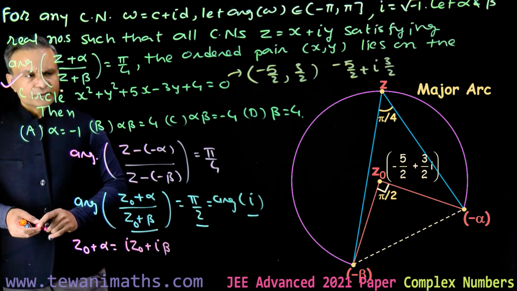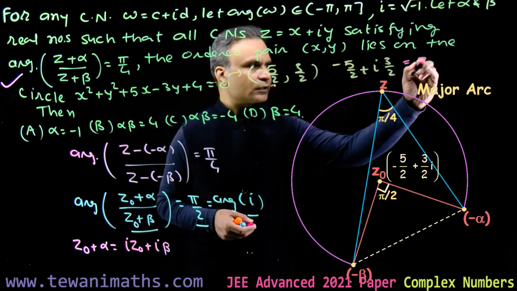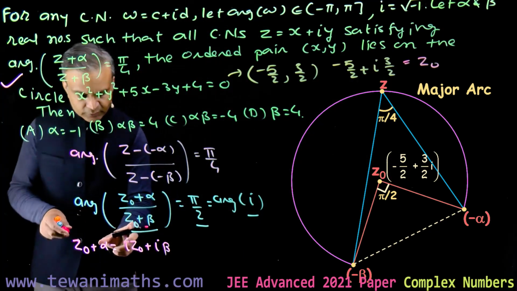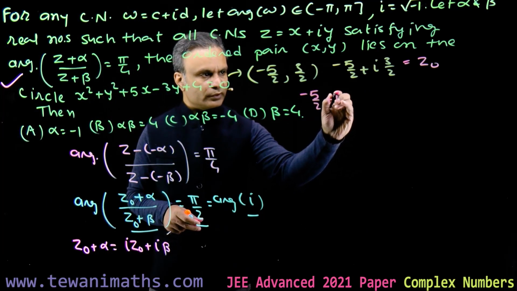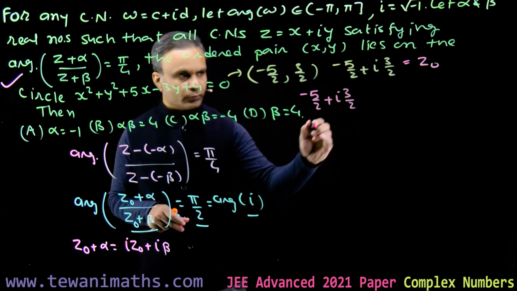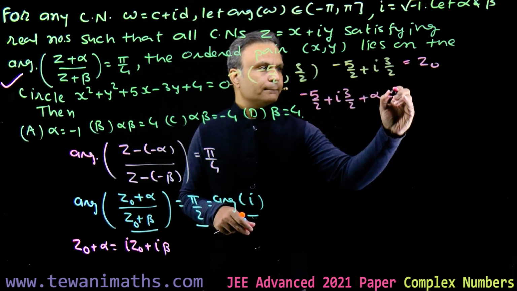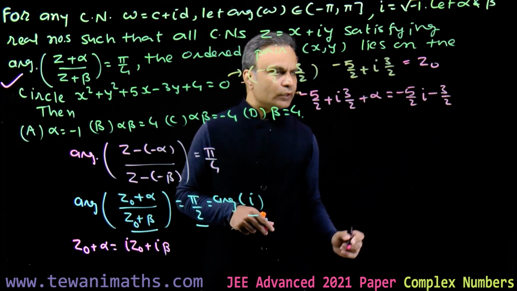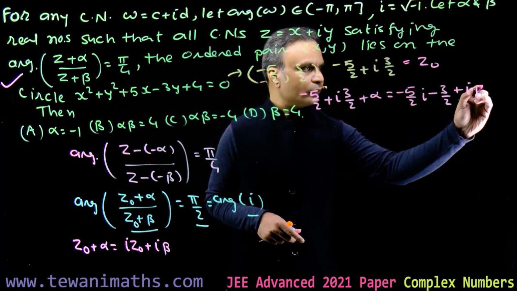Now Z naught is the complex number of the center. Put the Z naught complex number here in this equation: minus 5 over 2 plus iota multiplied by 3 upon 2 plus alpha is equal to minus 5 over 2 iota minus 3 upon 2, since iota square is minus 1, plus iota beta.